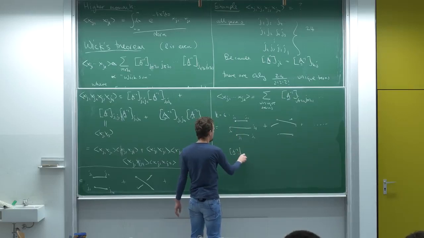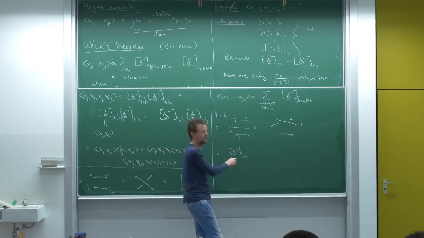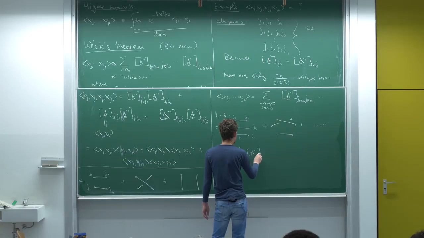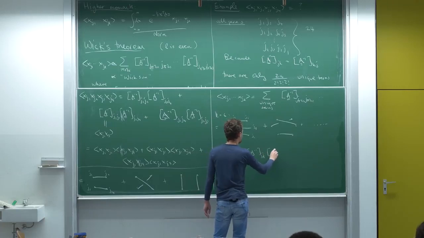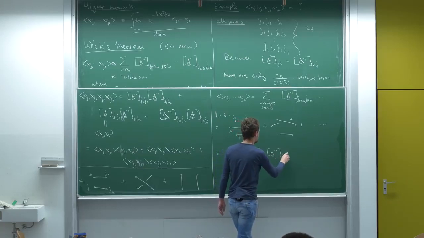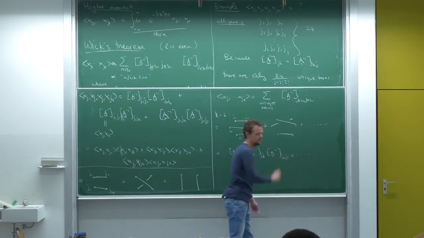We've got to associate an inverse matrix A, and another pair, another inverse matrix A. Plus dot, dot, dot.